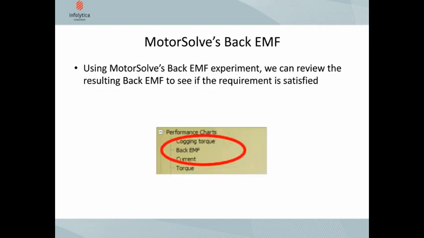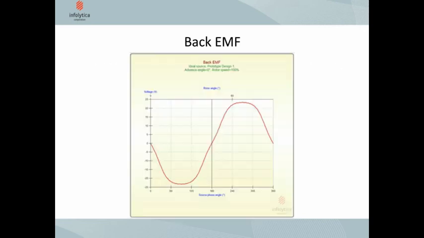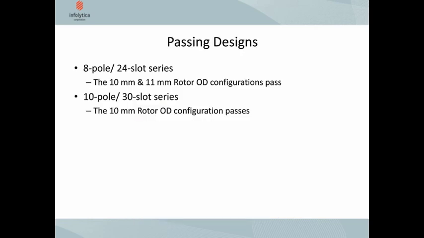A typical outcome would look something like this. And again, I have a summary table which shows that of my 3 finalists, all 3 of them pass. It's interesting to note, and it's probably not a surprise, that they all passed due to the fact that they all also generated appropriate torque.